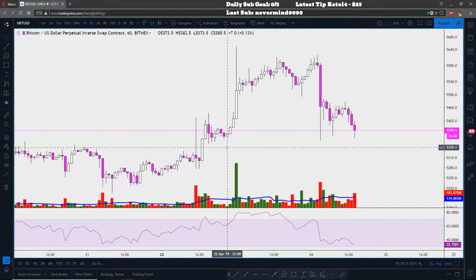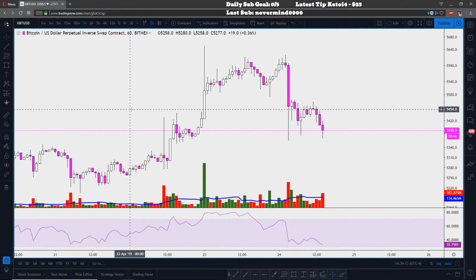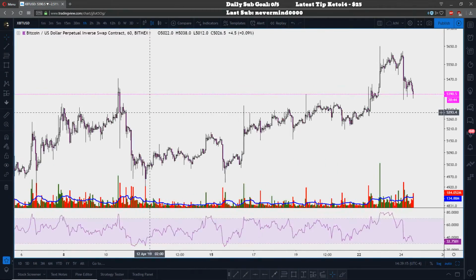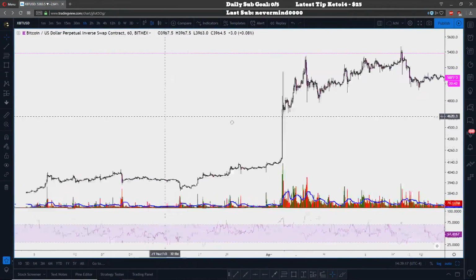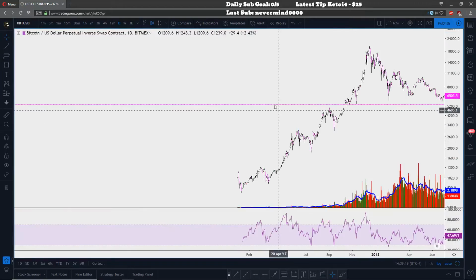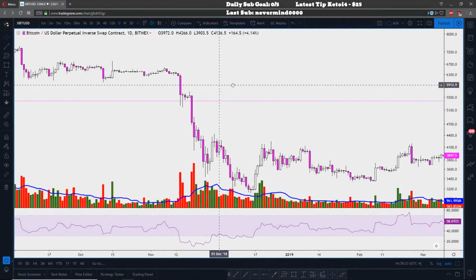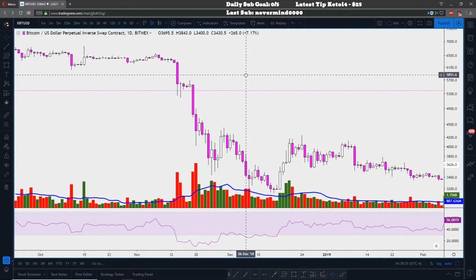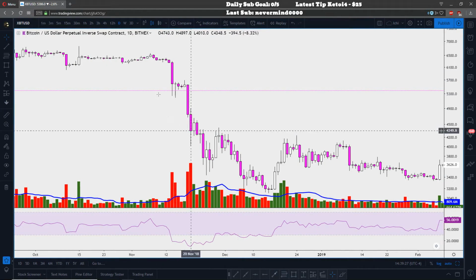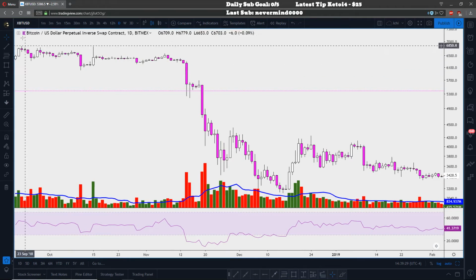So same thing for the downside. Let's see if I can find an oversold. Let's go back to like the daily on this downtrend. Okay, so look here. When we saw that massive breakdown, let me get rid of volume.